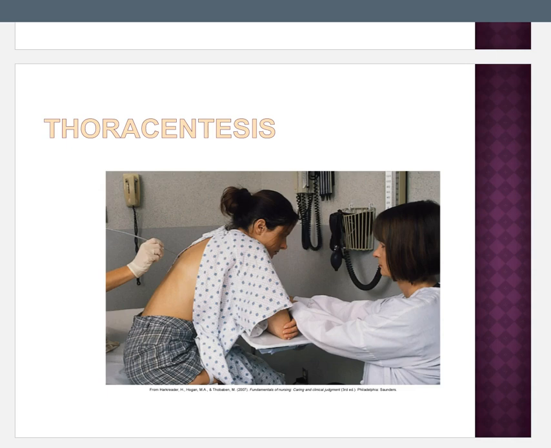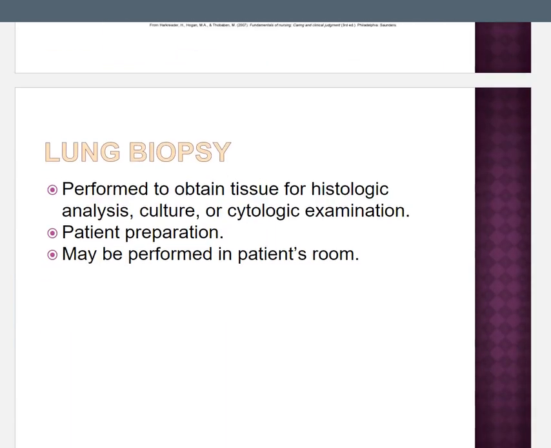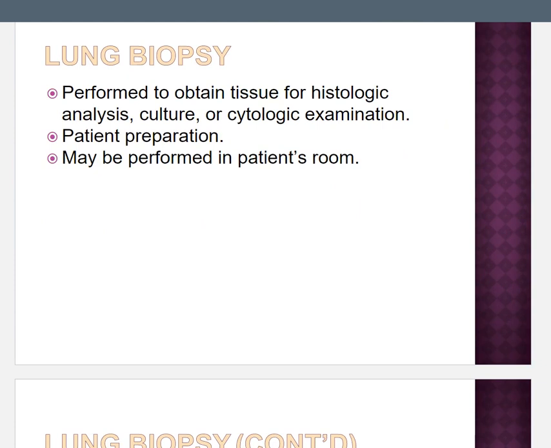And the last thing is your lung biopsy, and that's obviously to perform an examination of the lung tissue itself. They can do a percutaneous lung biopsy, which is very similar to a thoracentesis, or they can actually do an open lung biopsy in the OR to either the upper or lower lobes.